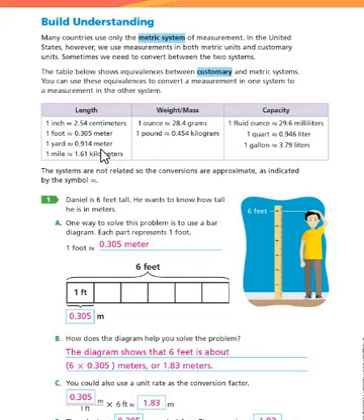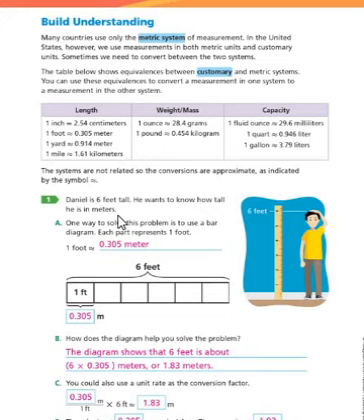Now, for example, let's read the question. The question says that Daniel is 6 feet tall, and he wants to know how tall he is in meters. So we have two different units.